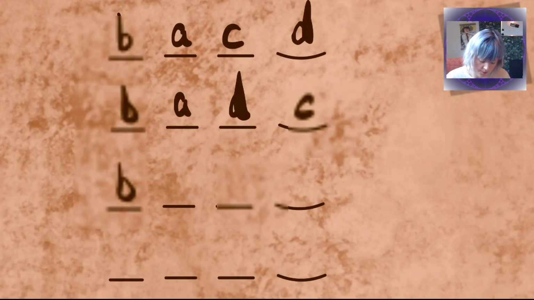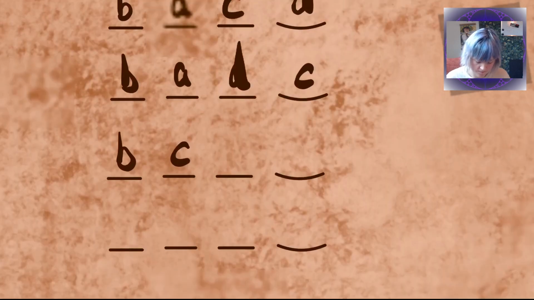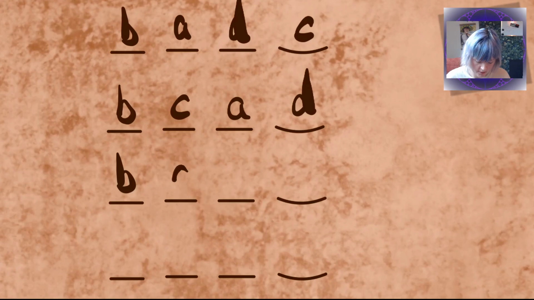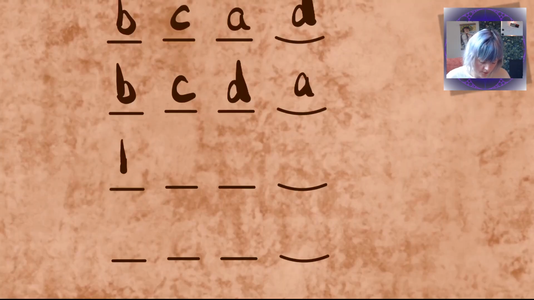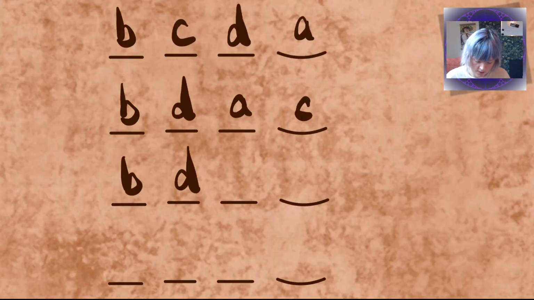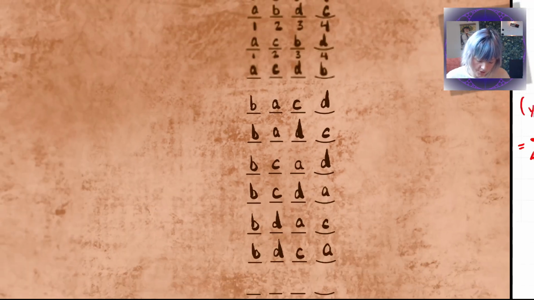So I'm going to choose, I guess, C. And then I can swap. So I'll do A, and then I'll do D here. Keep my C, I'll swap. And now I can't do C anymore, so I'll do D, with my A and my C. And then that's it. I have no more options.